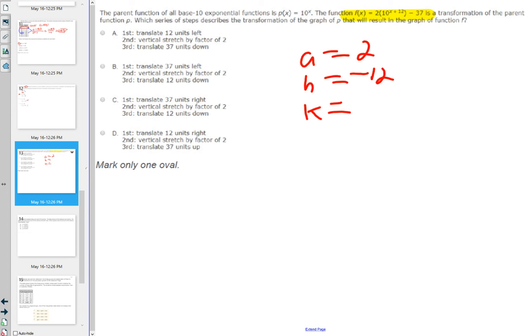Negative 12. Okay, it's this plus 12, but you gotta change the sign. K is negative 37. So which one here has a stretch of 2, a translation left 12, and a translation down 37? Okay.